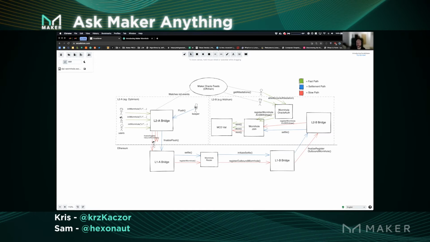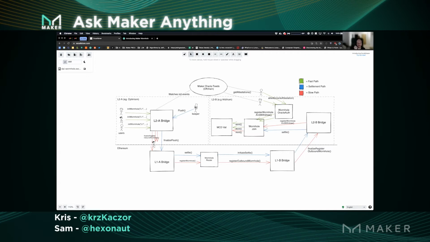Kris, I wanted to come back to your comment about auctions. I think you can still use flash loans. We'll deploy the flash loan module as a part of MCD on layer 2, because someone asked this question on chat. And you could still use flash loans while finalizing auctions, but you're right that there's no cross-chain composability in one block.